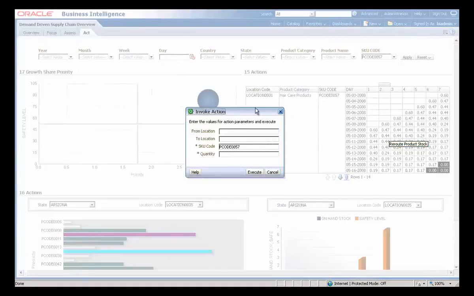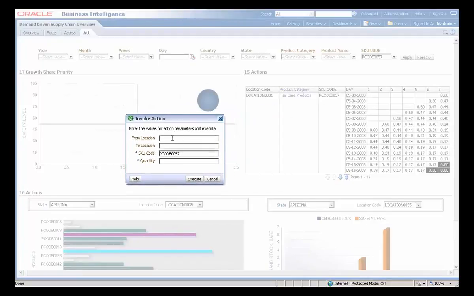We just need to fill in the from location, the to location, and the quantity which needs to be transferred, and click on the execute button. After clicking on the execute button, you will be navigated to the Oracle EBS instance and data is passed in seamlessly.